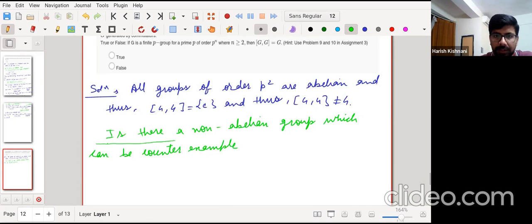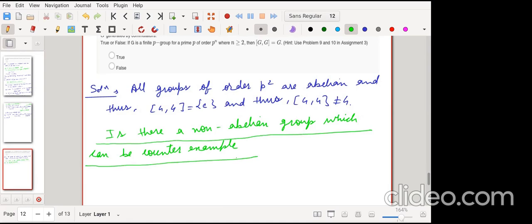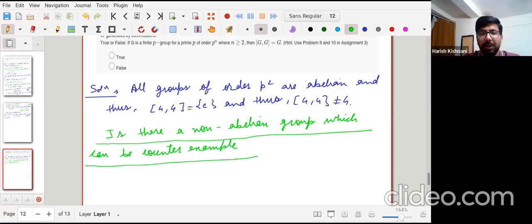So what is the obvious example you must think of? First of all, you need to think over a group of order pq, right? For being non-abelian, you need at least that; order p and order p squared you can't take. So what is the first group you know of order pq?